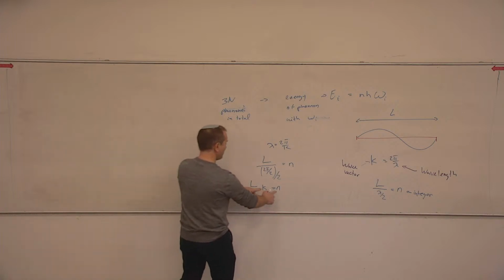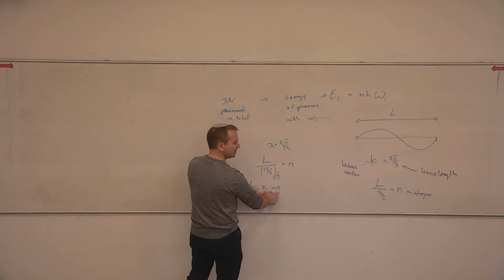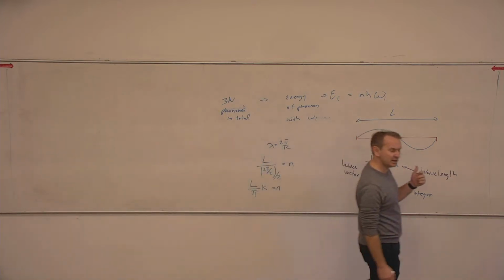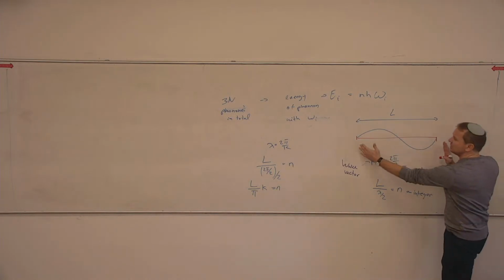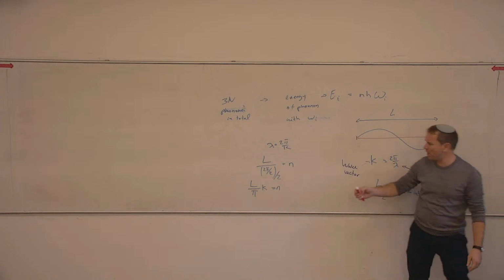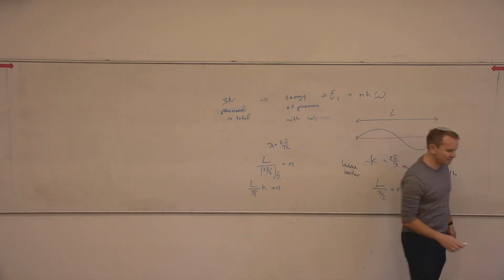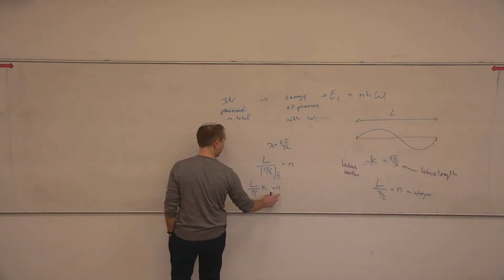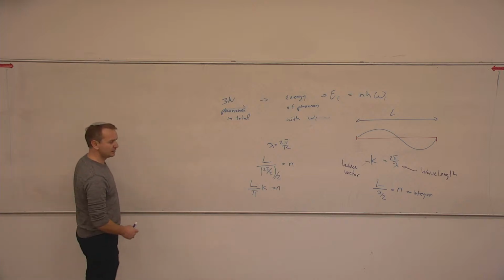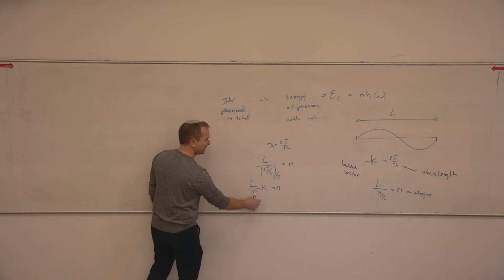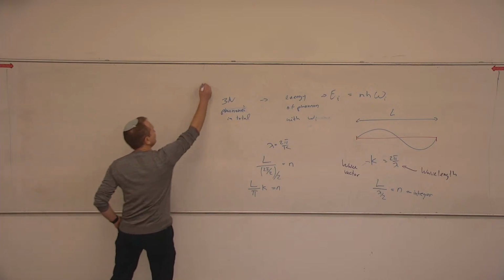Now, this is for a specific n. I want to ask how many different waves can survive or can be settled in a material up to a specific wave vector. I basically have to count all the different n's that contribute to different states or different standing waves up to a specific k. So let's assume I'm saying the following.